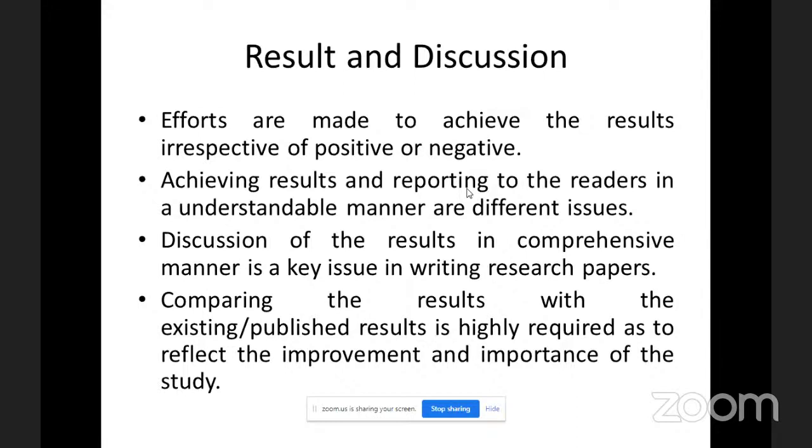There are different results also, and those are called negative results or null results. Now negative or null result means what? You compute, you utilize some method, but the results are not better than the existing methods, or are poorer than the existing method.